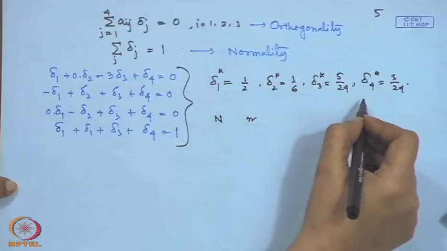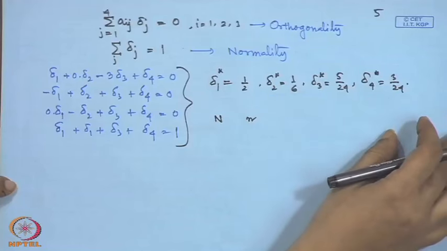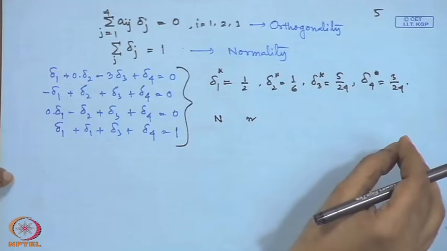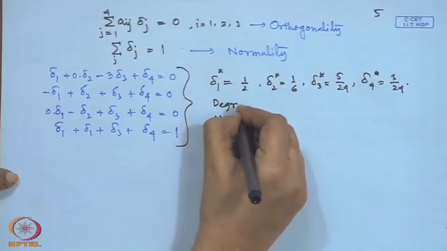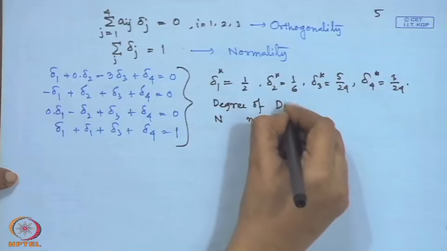In that case, unique deltas we will not get. Here there is a concept of degree of difficulty of the geometric programming problem. Whenever we are getting any geometric programming problem, first we need to calculate the degree of difficulty.